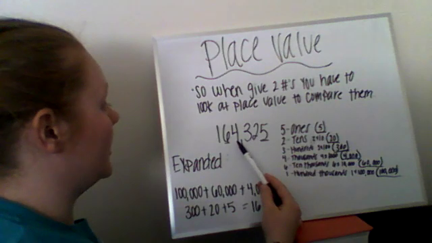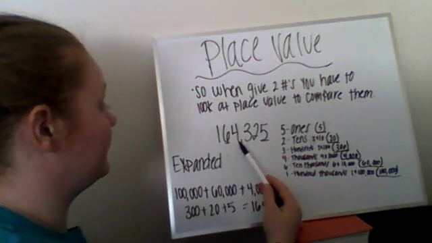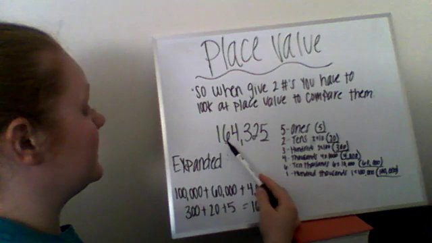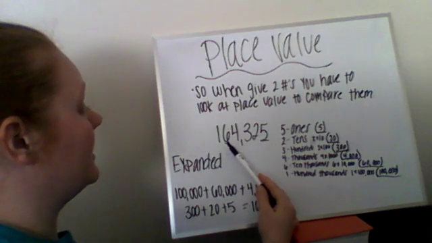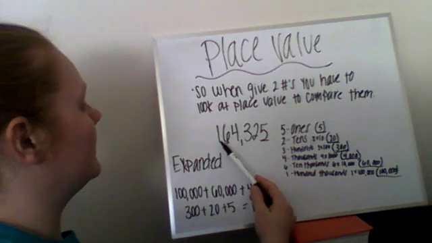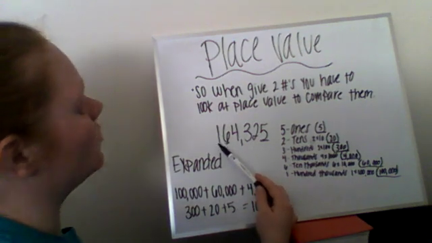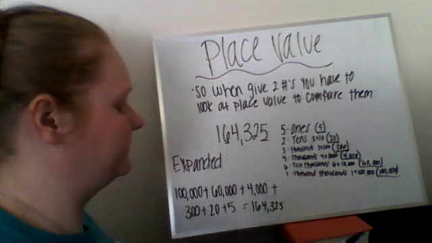Then my 4, I just took 4 and multiplied it by 1,000 since it's in the thousands place value, which equals 4,000. Then my 6 in my 10,000s, I just took 6 and multiplied it by 10,000 because that's what place value it is, and that's equal to 60,000. Then my 1 was in my 100,000s place value, and I just took 1 and multiplied it by 100,000 because that's the place value it's in.